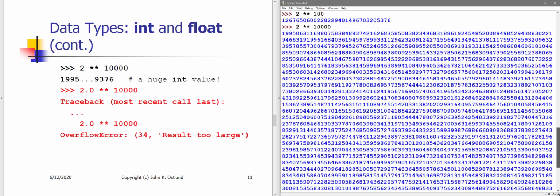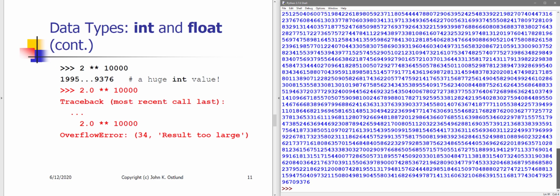So you can see that this integer value, which is accurately displayed, goes on for a few dozen lines. So that is a big, valid, correct int value. Python is able to store what are called arbitrary precision int values.